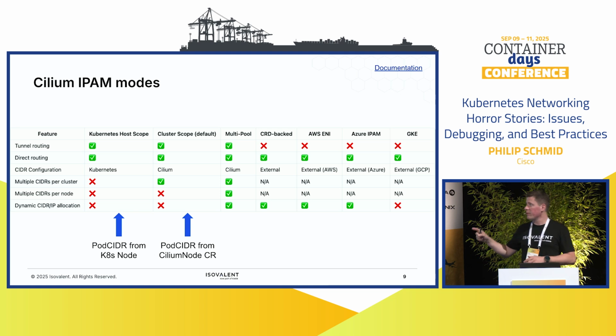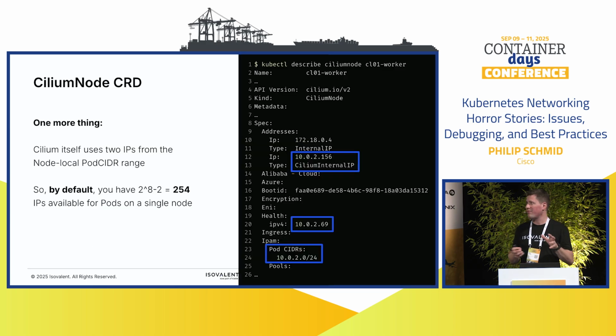Now let's focus a little bit more on the first two columns with the data. The Kubernetes host scope mode: there we already see on the third line that the configuration itself is done by Kubernetes, while for the cluster scope, we see that it is managed by Cilium. And that's already the reason why we have different IP ranges if we just take the defaults.